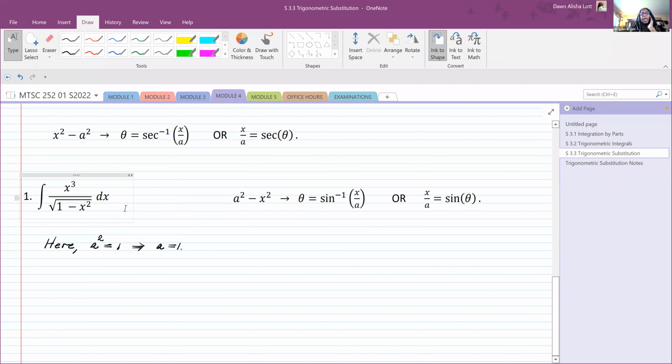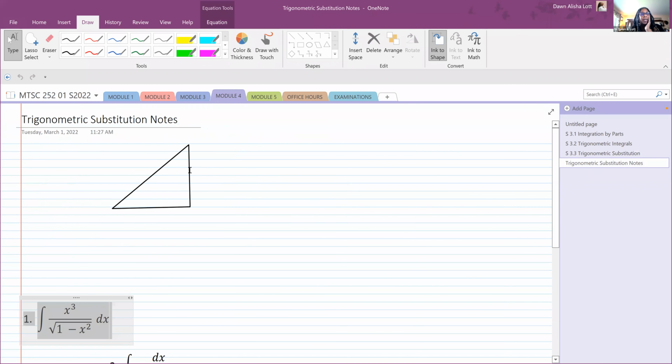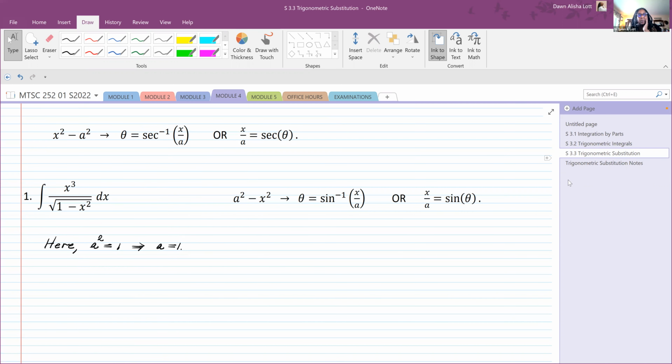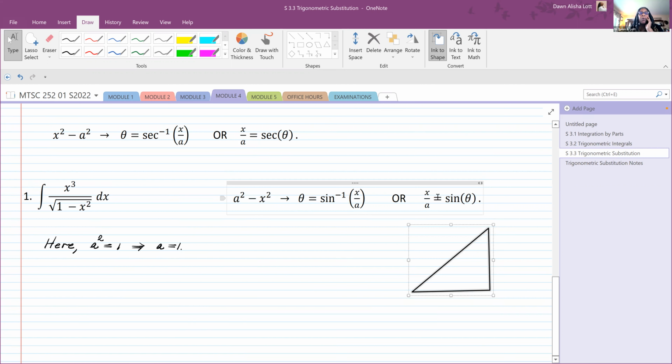So now we're going to draw this triangle. So let me go back and grab the triangle that I need. All right, so here's my triangle. So the transformation we're going to use is theta is the sine inverse of x over a, or x over a is equal to the sine of theta. So let's stick theta. I hope you guys know your trig functions very well.